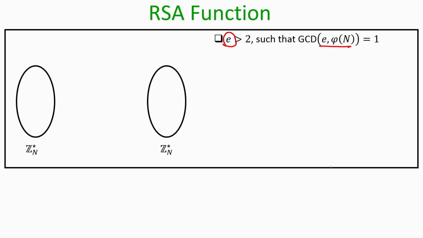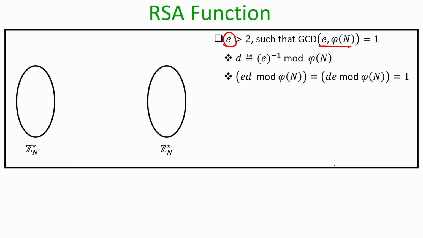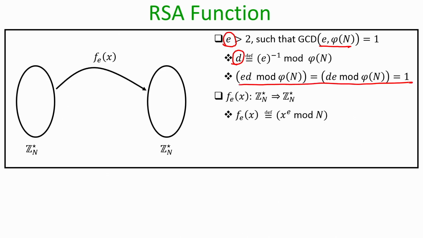I stress it is not relatively prime to n, it is relatively prime to phi of n. Since e is co-prime to phi of n, it will have a multiplicative inverse. I call that multiplicative inverse d.